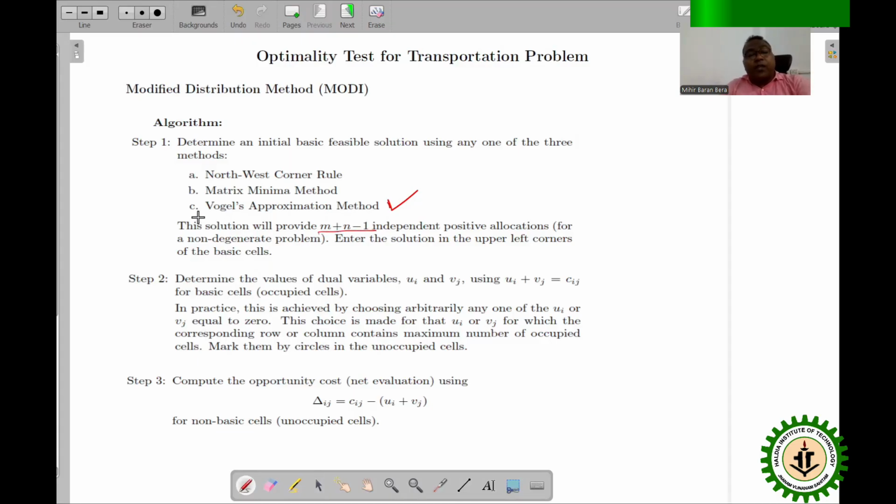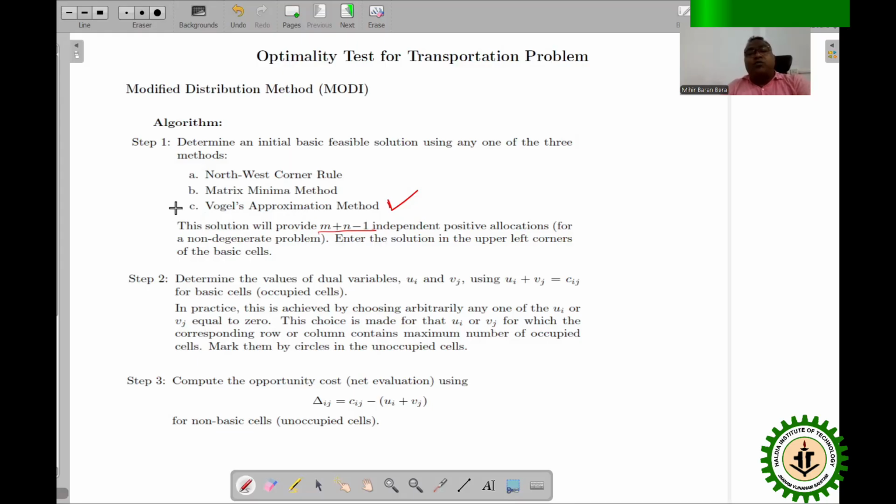If it does, then we proceed, and in this case we get a non-degenerate solution. If the number of allocations is not equal to m plus n minus 1, then another process will follow.